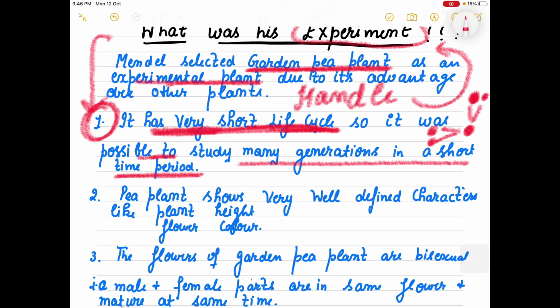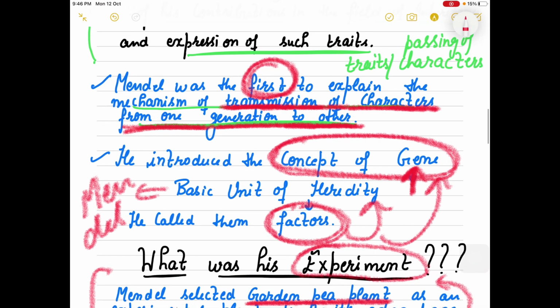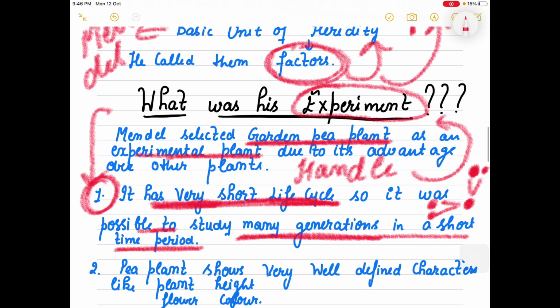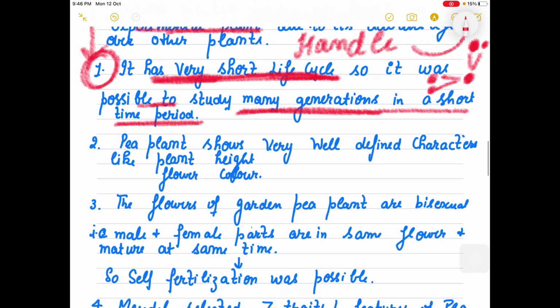And why was it necessary to study generations? Because he gave us the idea of how the characters, how the traits, pass on from one generation to another, or from parents to offspring.